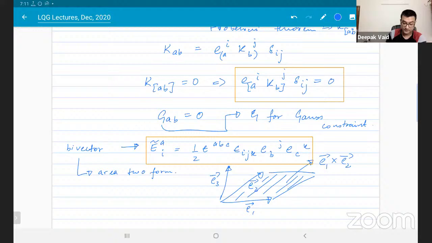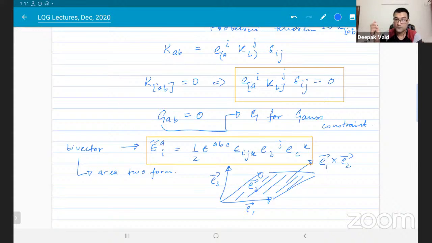But then I'm left with this 2 form, which is living in that internal fiber. It lives in the R3 which is spanned by the triad. So this is not a space-time 2 form. You can call it an internal 2 form.